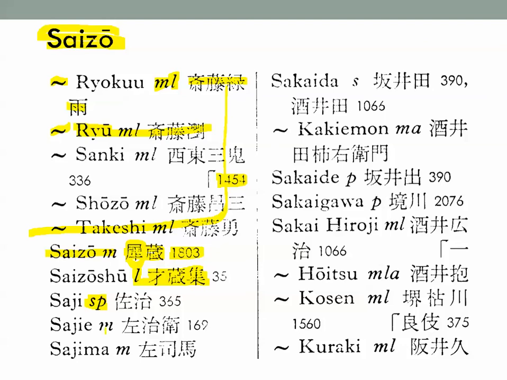Likewise, Sajie is a man's name, a masculine name, a male name, etc. So some of these are kind of generic names. Some of them are actual people in history. Some of them are literary titles. Some of them are place names. There's quite a variety here. So this is that part of the dictionary where you're going from phonetics over to kanji.